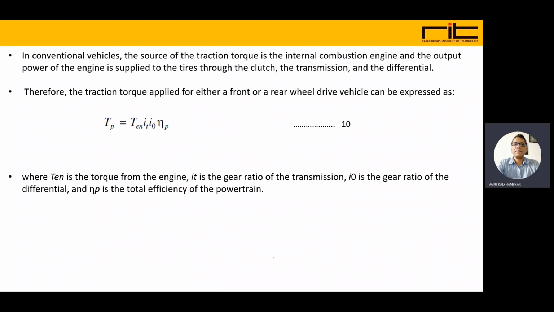Therefore, the traction torque applied for either a front or rear wheel drive can be expressed as Tp is equal to Ten it i0 epsilon p, where Ten is the torque from the engine, it is the gear ratio, i0 is the gear ratio of the differential, and epsilon p is the total efficiency of the powertrain.